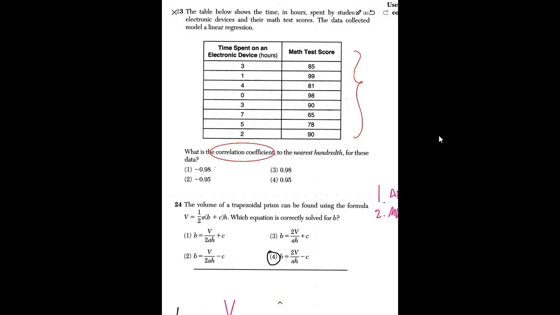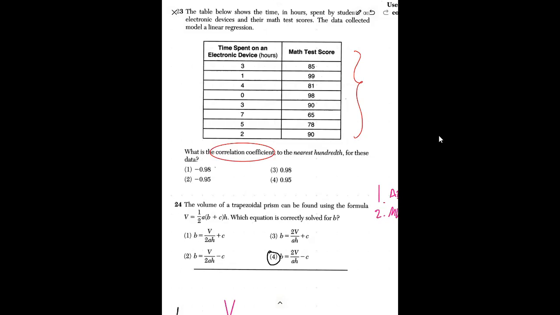Now, one of the things that we're going to go over is we're going to understand what correlation means. And basically, correlation means what's the strength of the relation between two variables. In this case, they're saying if someone has a bunch of electronic devices like phones, iPads, computers, and other things, and if they're spending a lot of time on their devices, then what do you think is going to happen to their test score?